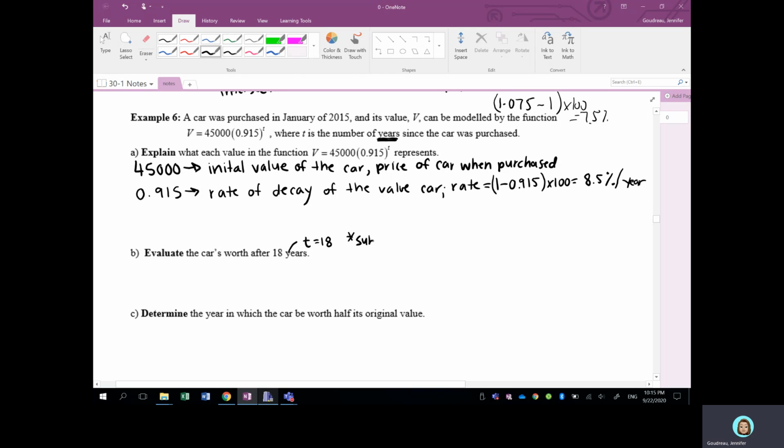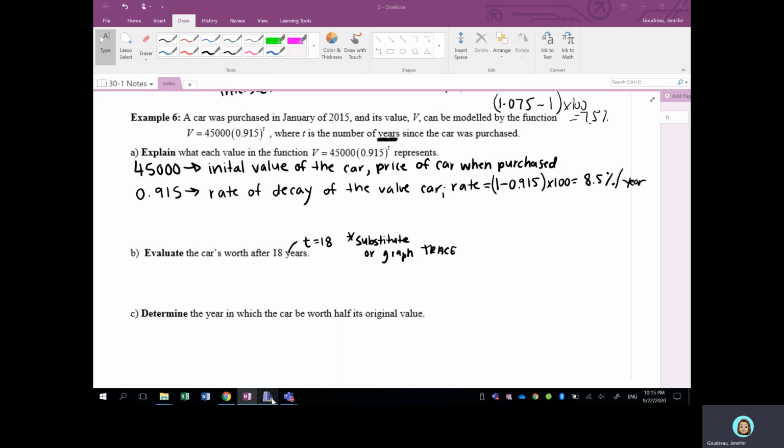We can either substitute into the given equation, or we can graph the given equation and use trace to find the y value that we're looking for. Now, keep in mind that this is the equation we're using. So even though the rate is 8.5%, this is what's calculating our value. So this is the equation that we're going to use.